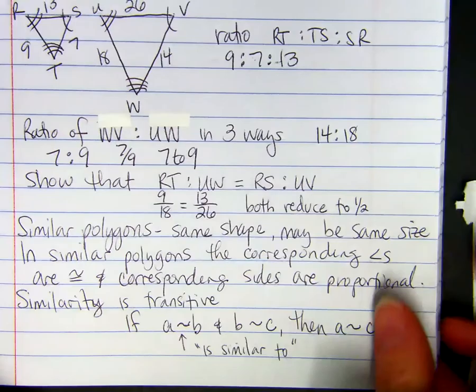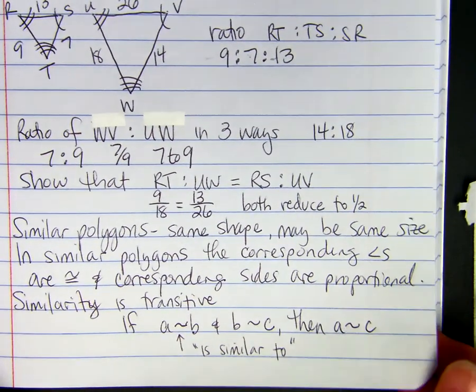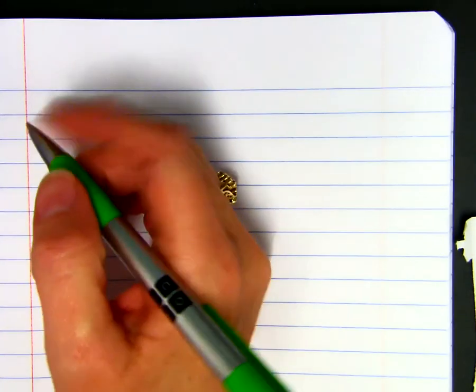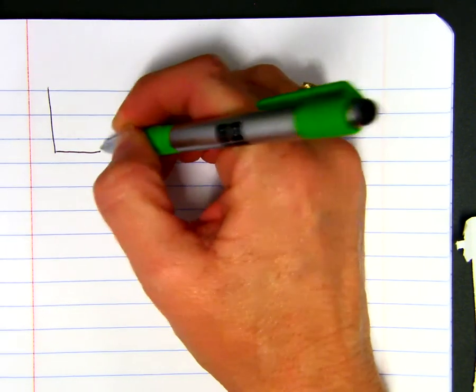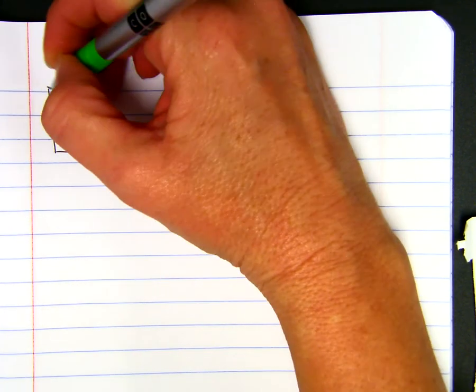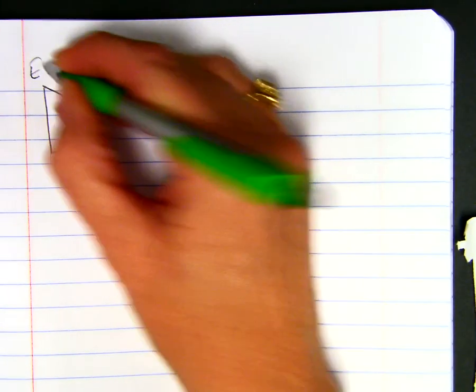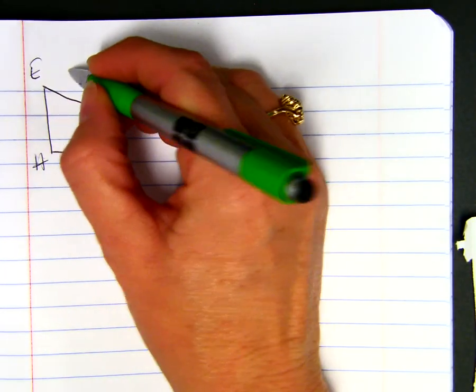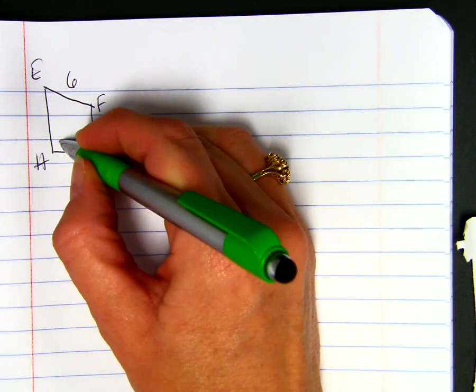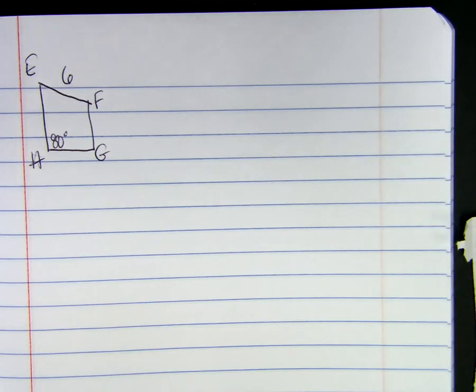Okay, so we're going to super quickly do one example with similarity. We have this figure EFGH. Whoops, I didn't quite do it right. Oh well. EF is 6 units long and angle H is 80 degrees.